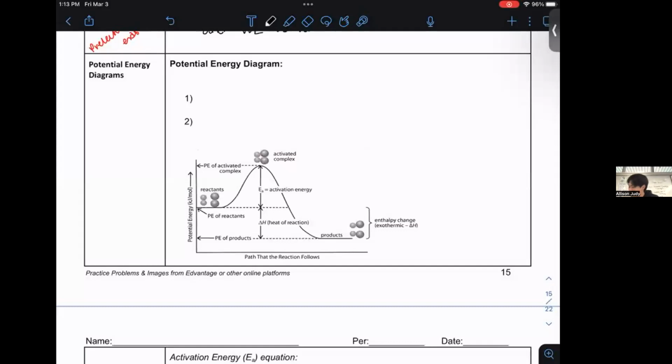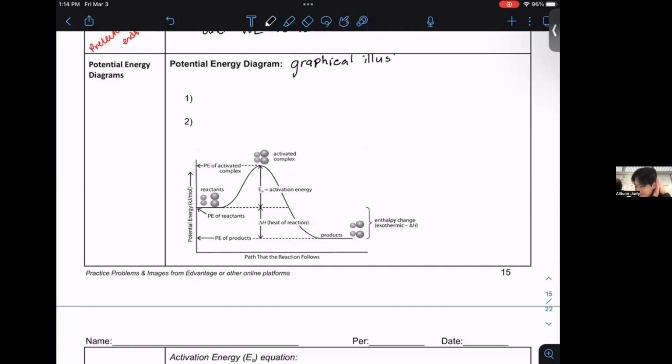Okay, so potential energy diagrams. The definition is a graphical illustration of potential energy changes that occur throughout a chemical reaction. While you're writing this down, there are two main reasons that we look at these graphs.